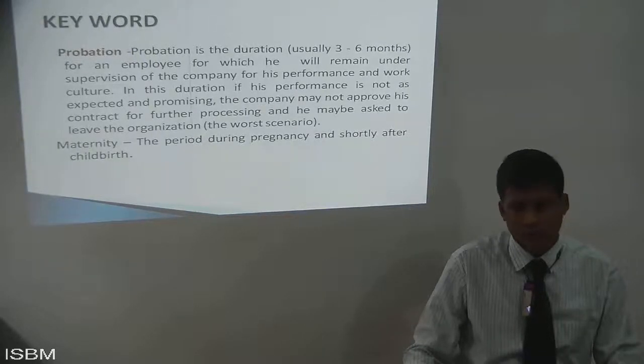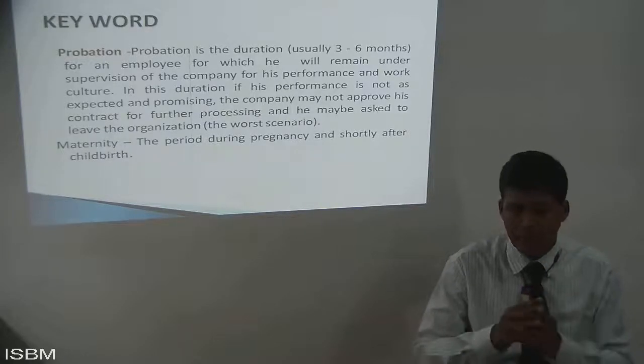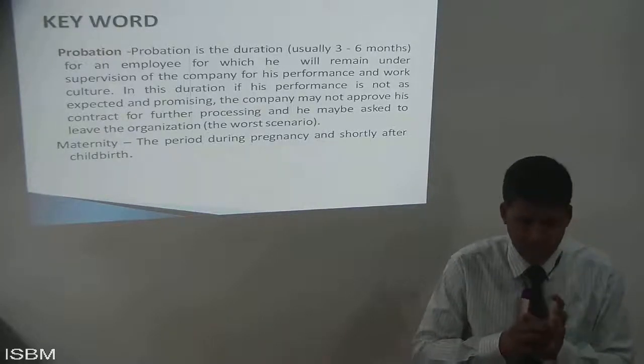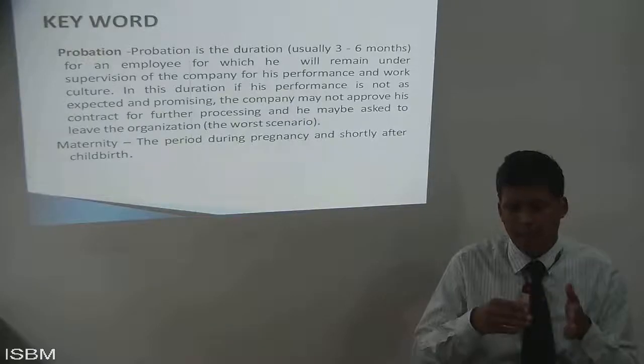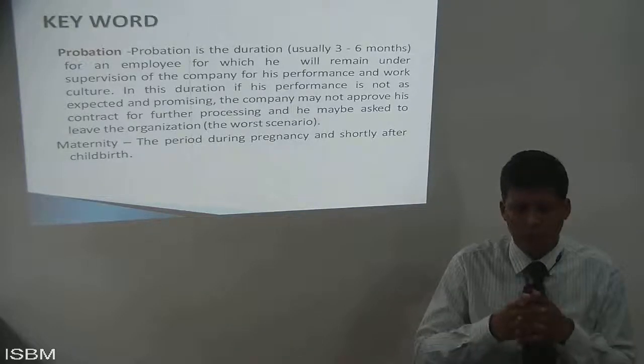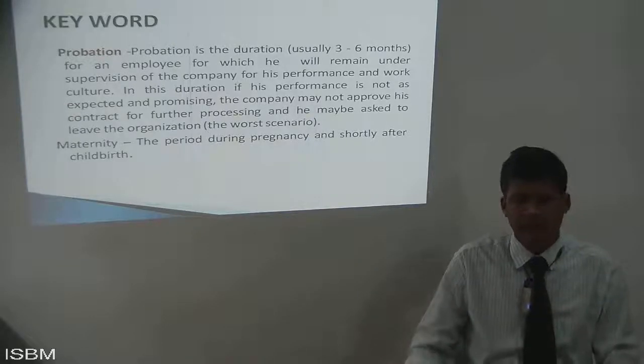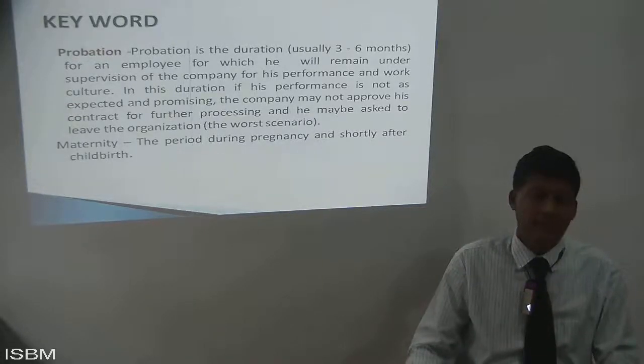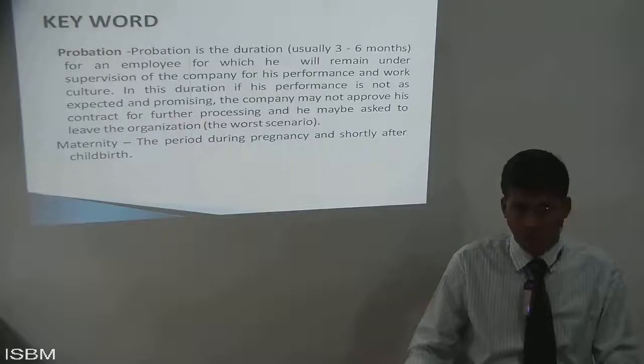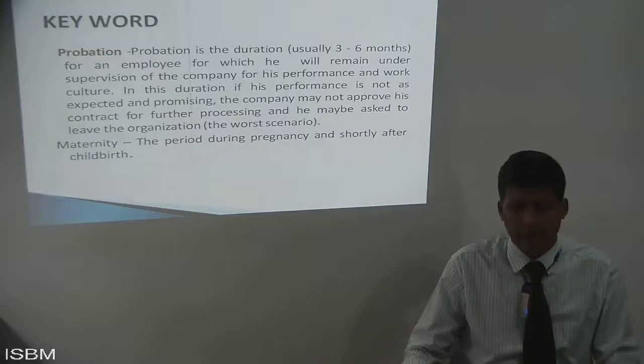In this duration, if the performance is not as expected or as promised, then the company may not approve his contract for further processing and may ask him to leave the organization. That's a complete discretion of the company. The worst scenario. Now, let us take the second keyword, maternity.